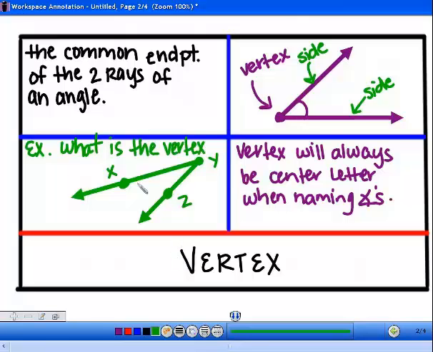In a drawing it's pretty easy to tell. You just look at the corner or the common endpoint and say, well, it's Y. So point Y is the vertex of this angle.